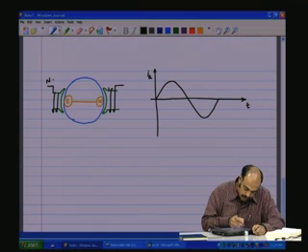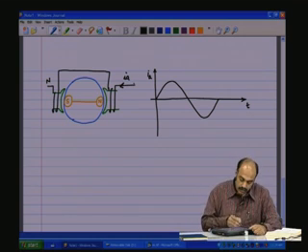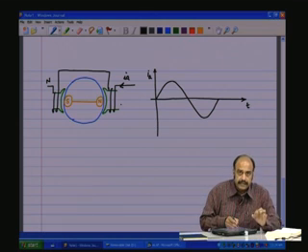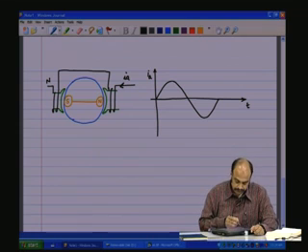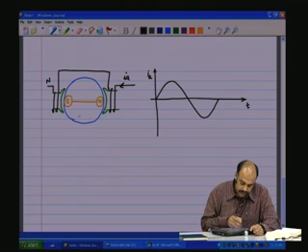This is connected to the neutral and this is connected to this, and you are passing IA through that. So at this point IA is 0, the flux intensity at that instant is going to be 0 because Ni is going to be 0 at that instant. So the MMF at this instant is also going to be 0. So the MMF is going to follow more or less this curve because it is Ni.